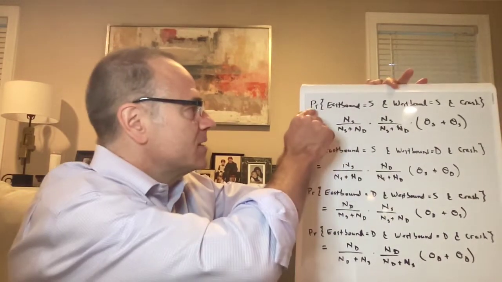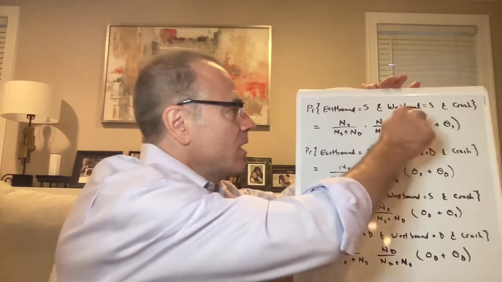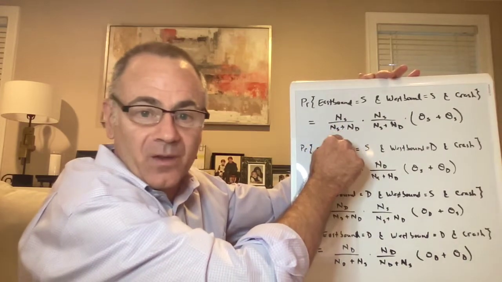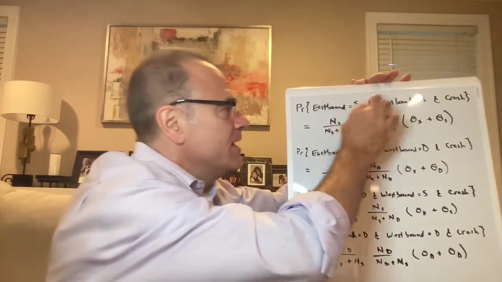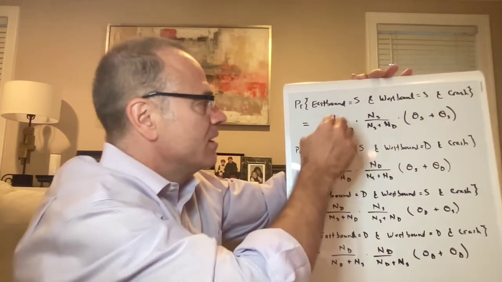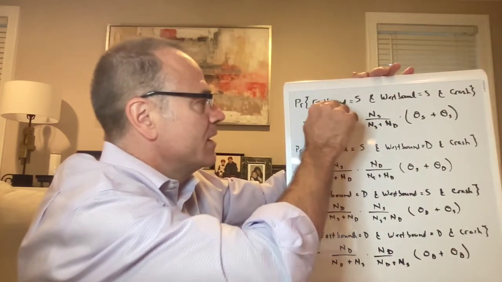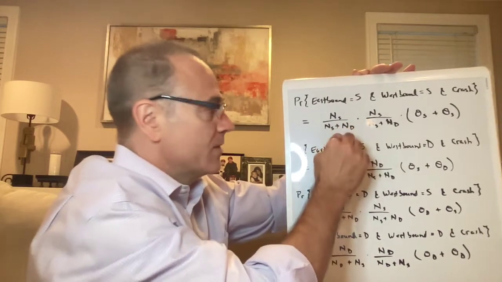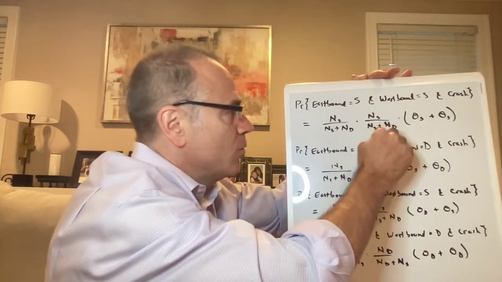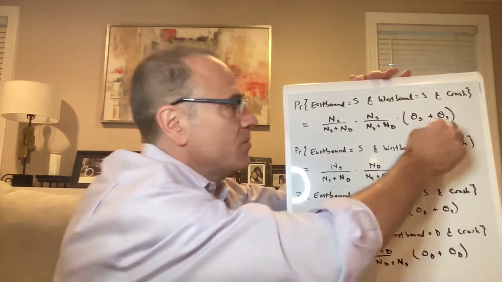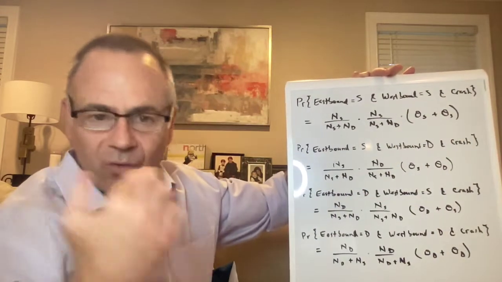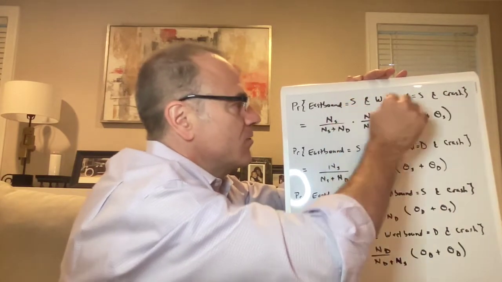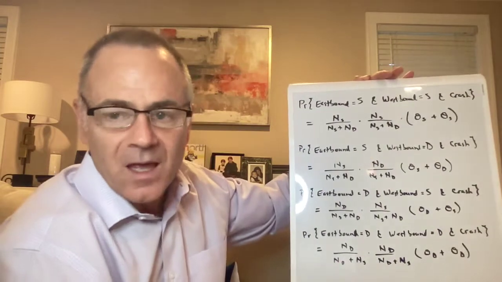The first one is the probability eastbound driver is sober and westbound driver is sober, and there's a crash. It equals this term. These events are actually independent, so the probability of all of this is just the probability the eastbound driver is sober, that term, times the probability the westbound driver is sober, which is that term, and the probability there's a crash given eastbound driver sober and westbound driver sober.